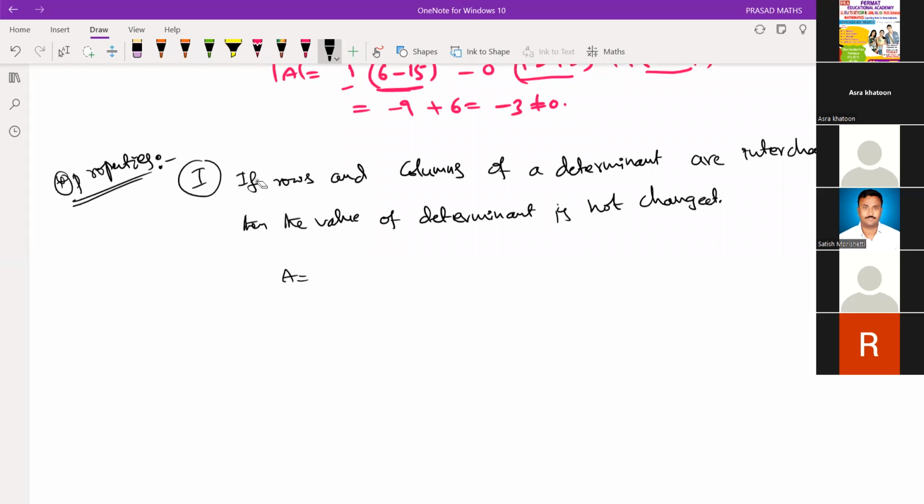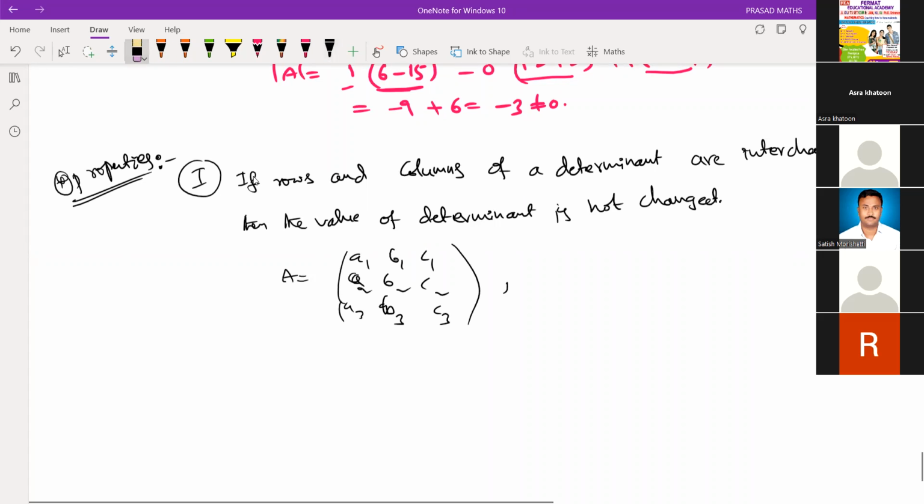Means suppose, for instance, you can take this A1 B1, A2 B2 C2, A3 B3 C3, right? Suppose you can take this as det. This is A2, this is B3, this is nothing but a det.